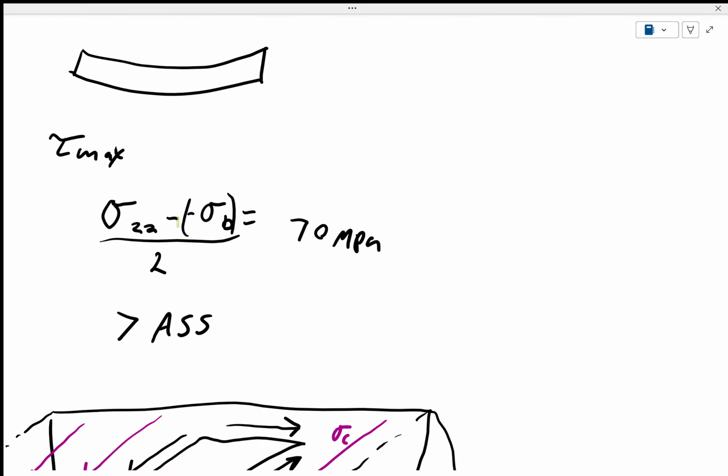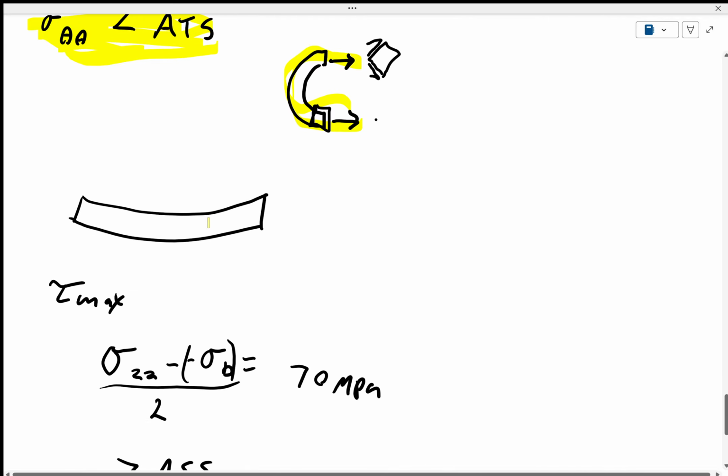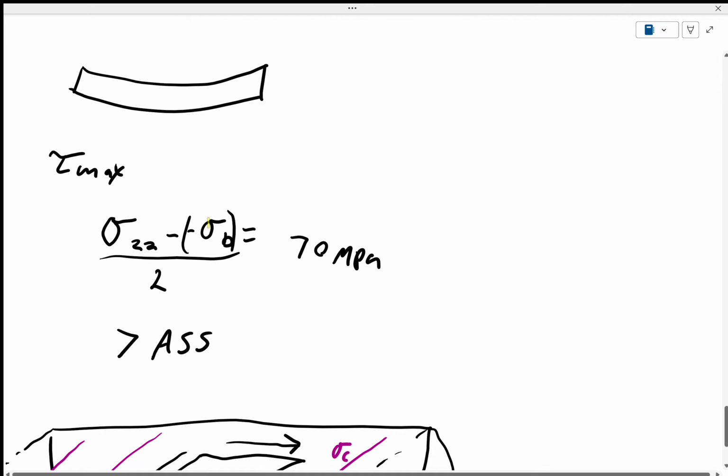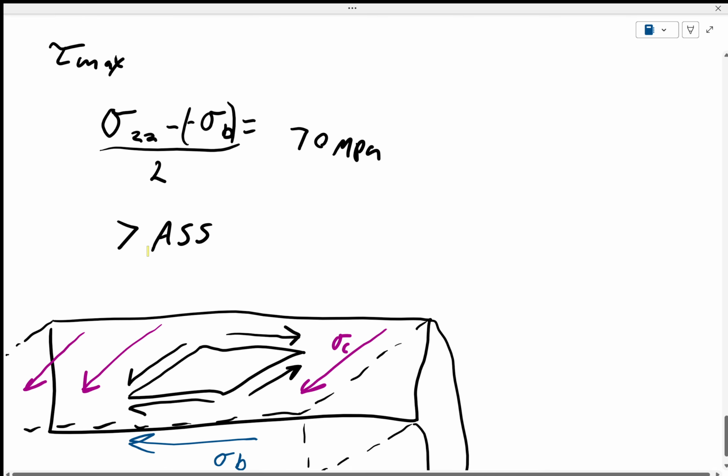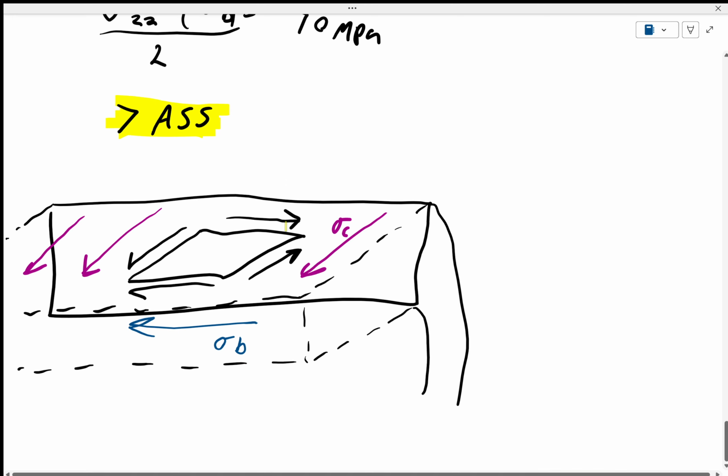We take that hoop stress and subtract the negative stress caused from bending, and we end up with 70 megapascals, which is again greater than that 68 shear stress limit we were given.